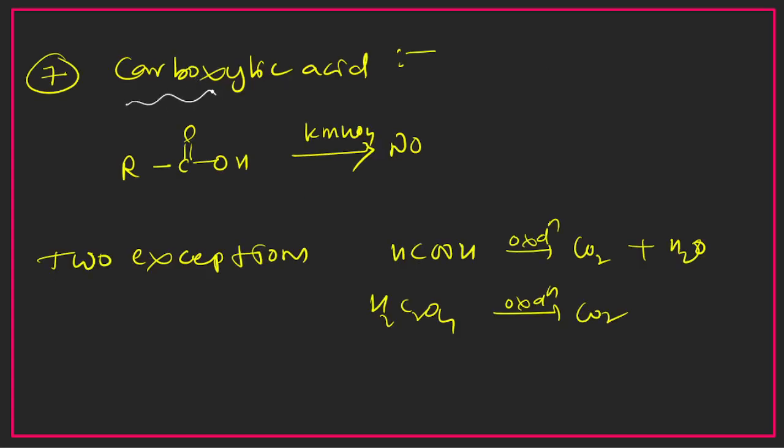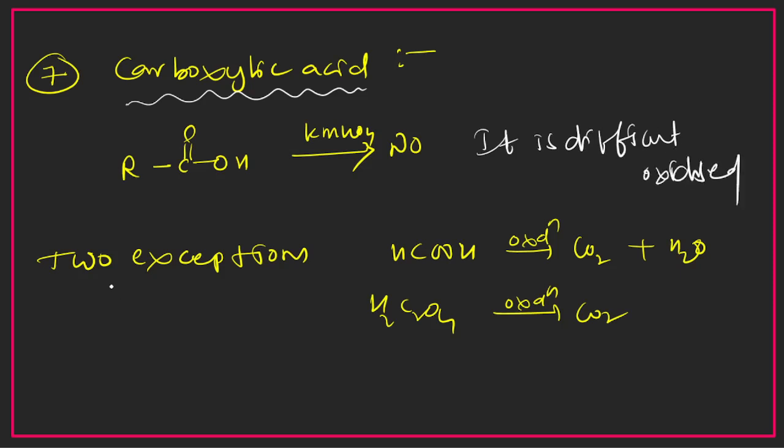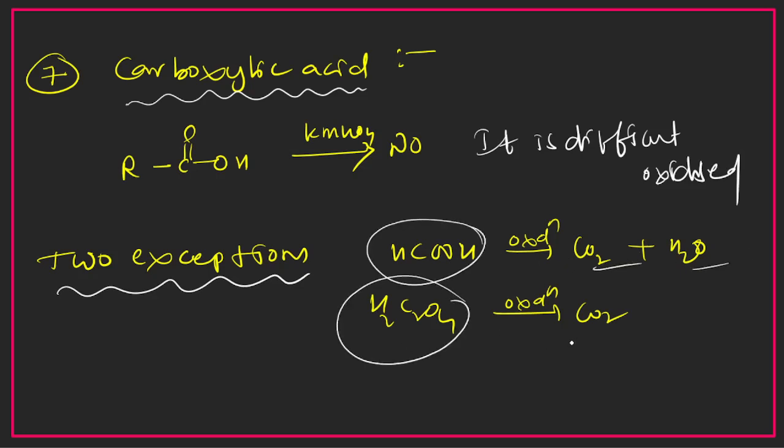Carboxylic acids do not undergo oxidation. It is difficult to oxidize in normal conditions. Here two exceptions are there. Formic acid oxidized gives carbon dioxide and water, and oxalic acid oxidized gives carbon dioxide.